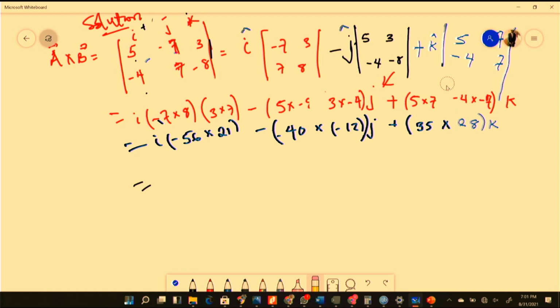Something is missing here. So you remember, let's represent that with black. When I said 7 multiplied by minus 8, then 7 times 3, I'm supposed to put minus there. So this is supposed to be minus. And whenever I said 5 times minus 8, there's supposed to be minus here times 3 times minus 4.